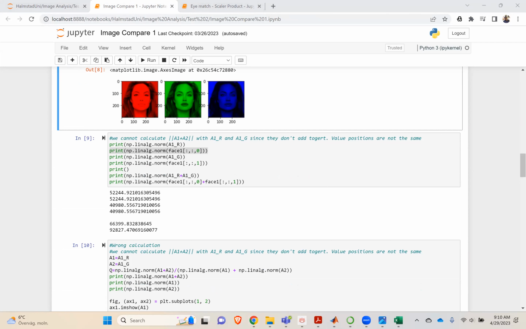If you take an image, all the values are stored in an array. At every position you have values between 0 and 255. But likewise, you have another array behind that and another array behind that. Each represents a different color. The first one is for R, the second one is for green, and the third one is for blue. This is the exact same thing I did in here.